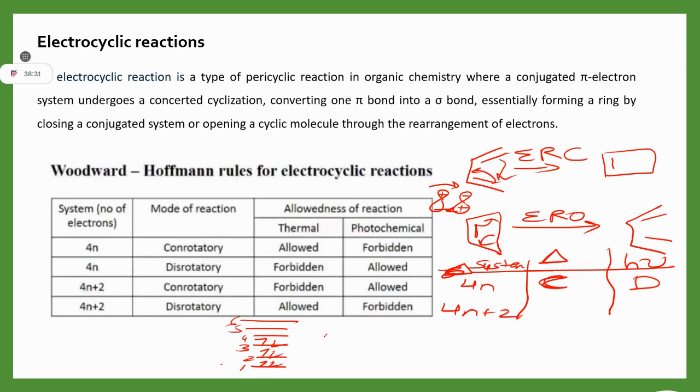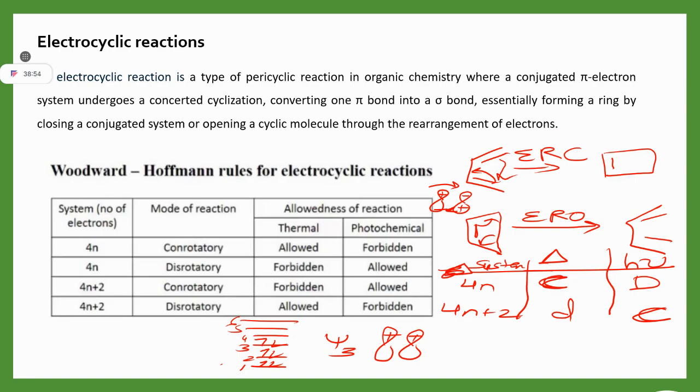So under thermal condition, psi 3 is your HOMO for hexatriene, right? And orbital sign would be same because it is psi odd. And for same sign orbitals, you have to give this rotation. So in photochemical case, automatically it will be conrotatory.